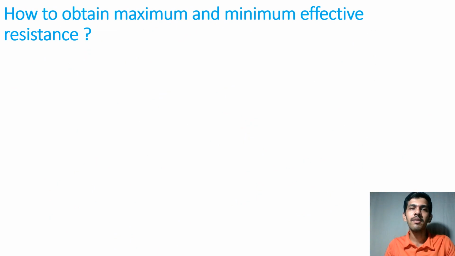Next question is how to obtain maximum and minimum effective resistance. If we want to get a very large resistance out of the three resistors, how do we need to connect? Similarly, if we want to get a minimum resistance, how to obtain? The answer is direct.